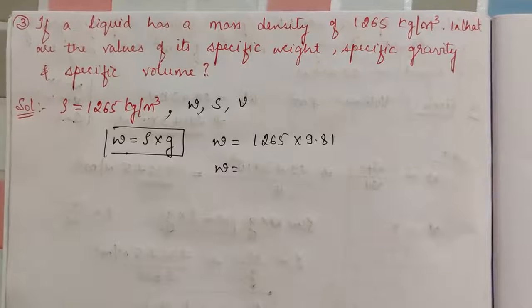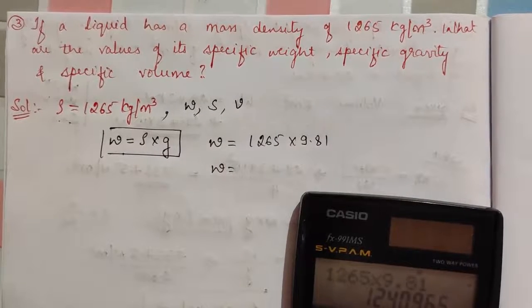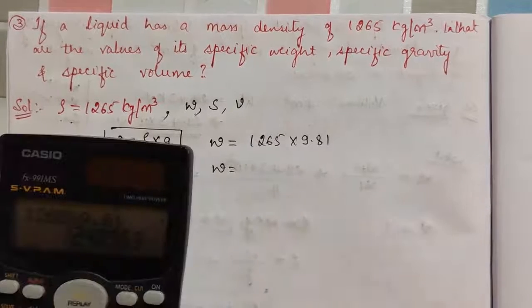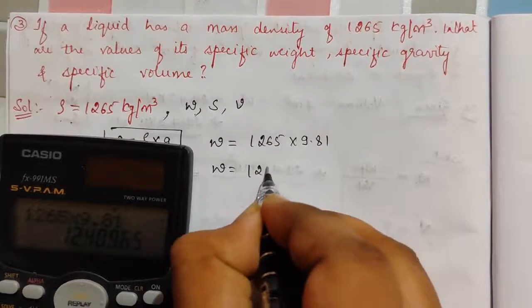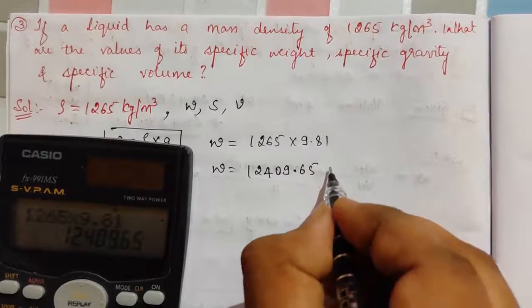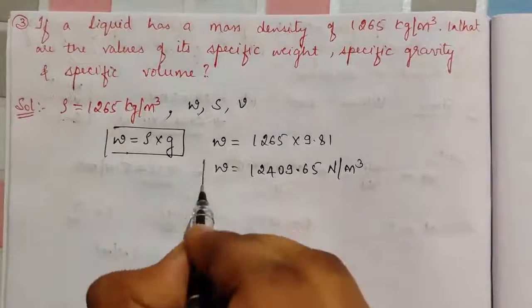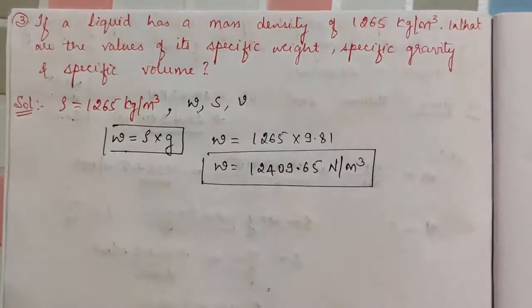So my specific weight will be 12409.65. What is the unit? Newton per meter cube. So this is our specific weight.